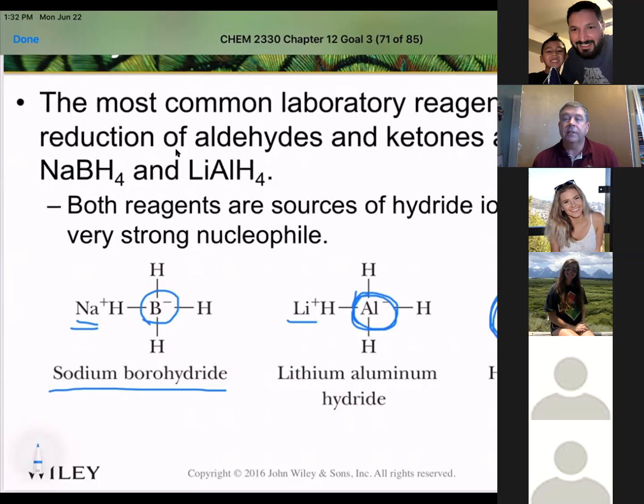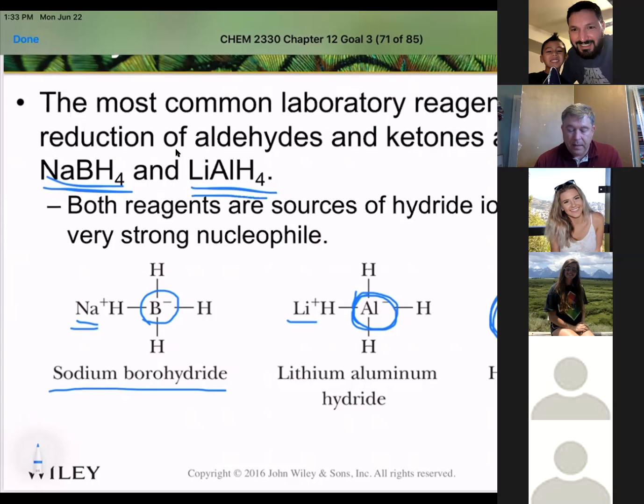So that hydride is going to specifically attack our partially positive carbon on our carbonyl. Okay, so that means that our sodium borohydride and our lithium aluminum hydride will react specifically with carbonyls to give us a specific reduction. So let's look at that in practice here.